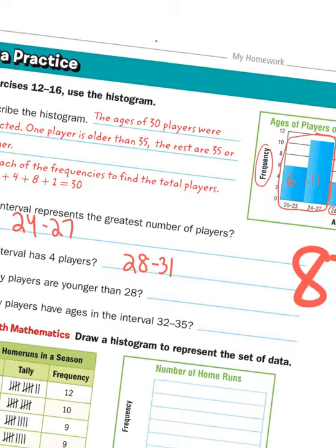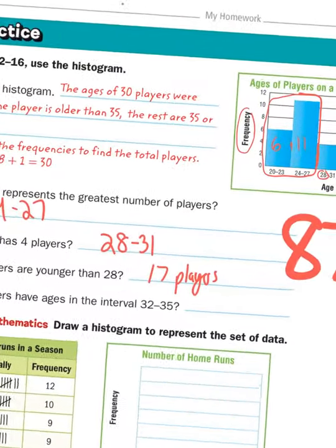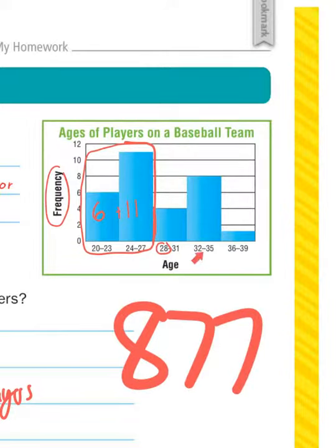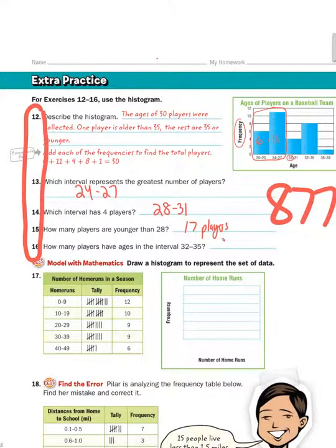So our answer to number 15 is 17 players. And for number 16, how many players have ages in the interval 32 through 35? So let's go find the interval from 32 through 35, and that would be right here. If we go up, that would be 8 players. So the answer to 16 is 8 players.